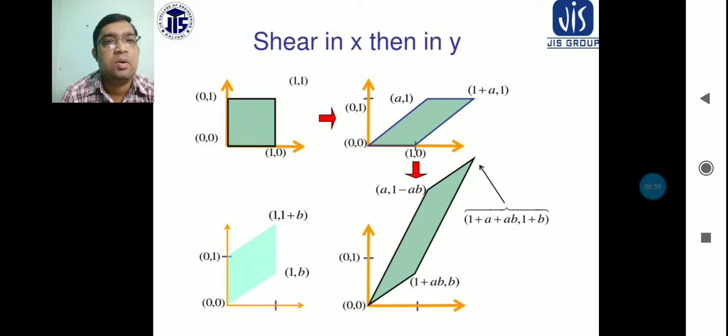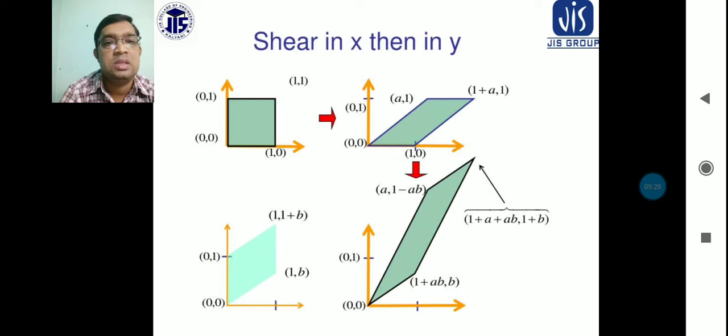The first vertical point 0 1 is shifted, then the second point also moves, so the shearing movement is found in this figure.